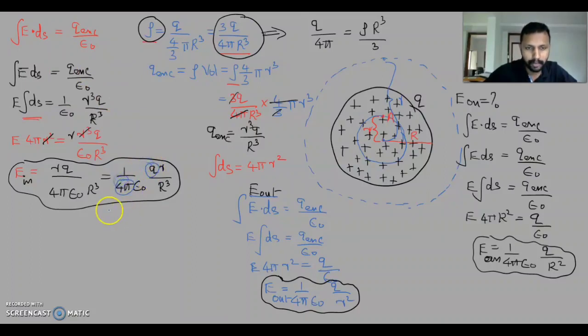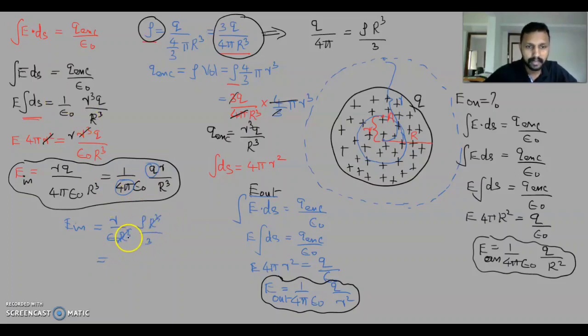Then if I am substituting for this q by 4 pi in this, we will get electric field intensity inside. The remaining term other than q by 4 pi is r by epsilon 0 R cube. Then instead of this q by 4 pi, we will have to substitute rho R cube divided by 3. Therefore, we will have an r cube over here and an r square over here.